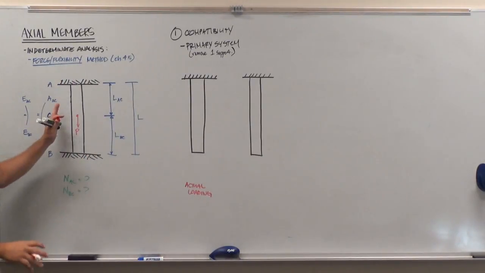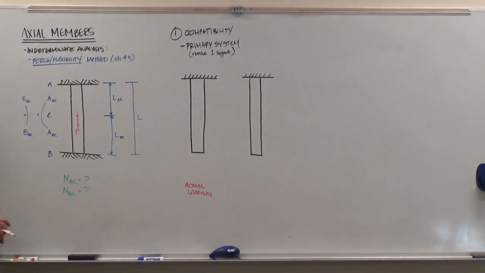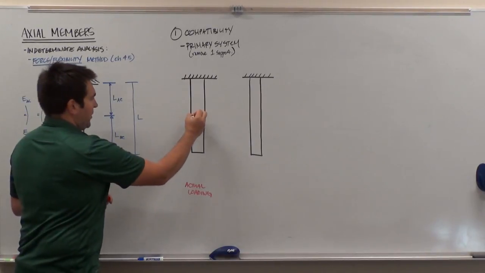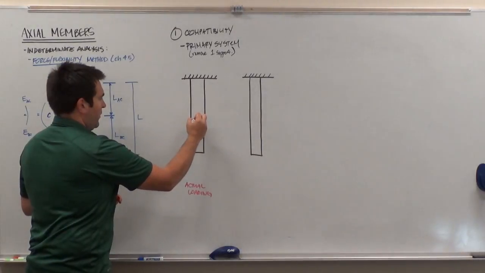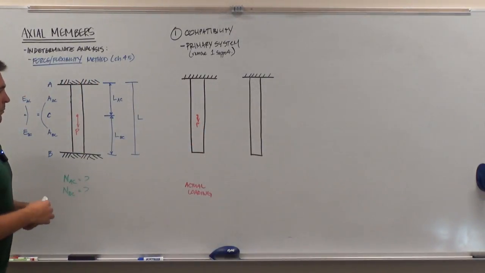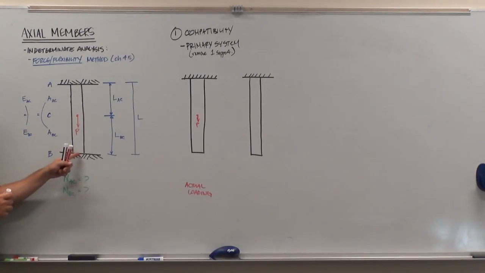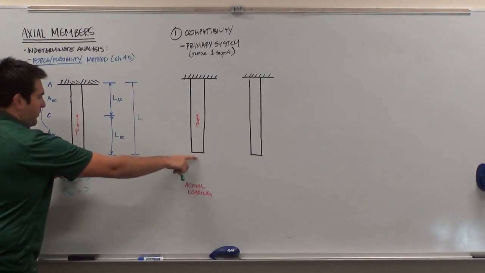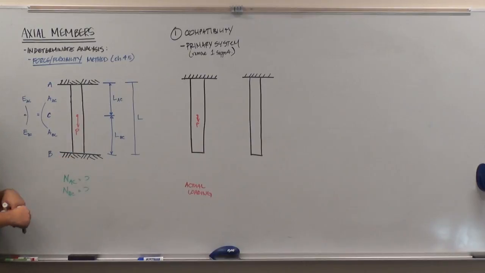So we look back at our original system and we say, we took away the support down here, but I'm going to consider this external load is still being applied. So I'm still going to apply that point load P to this primary system, but I need to keep track of how much deflection in the primary system happens wherever I took that support away.